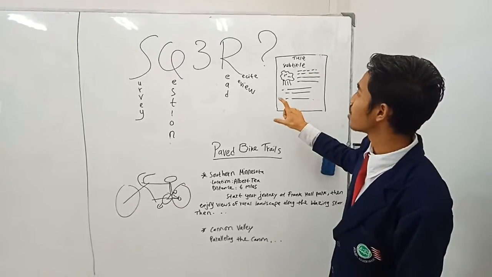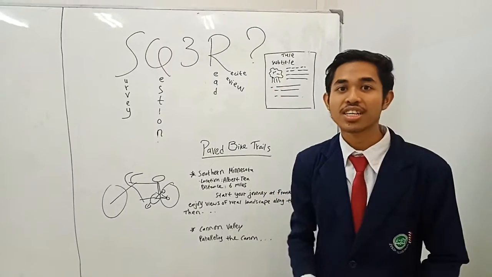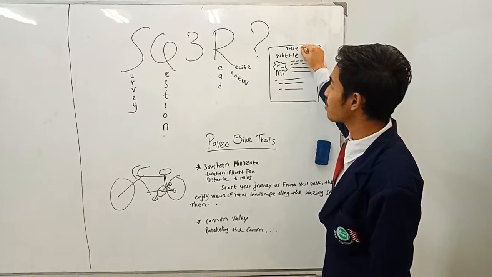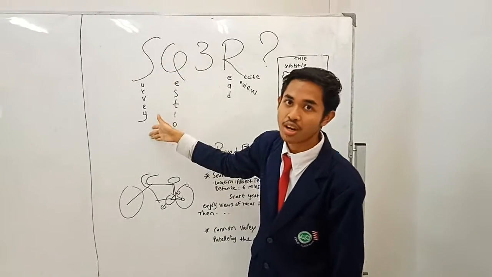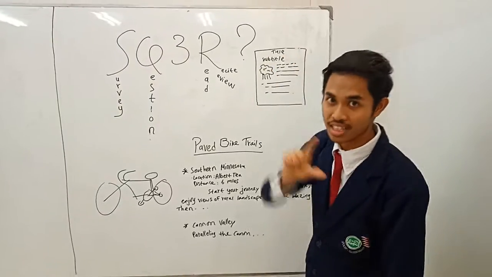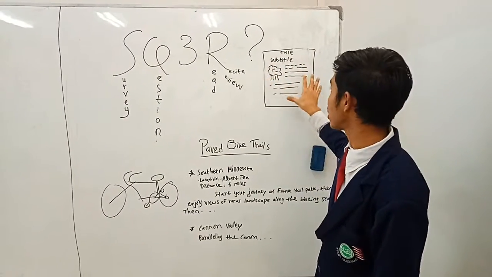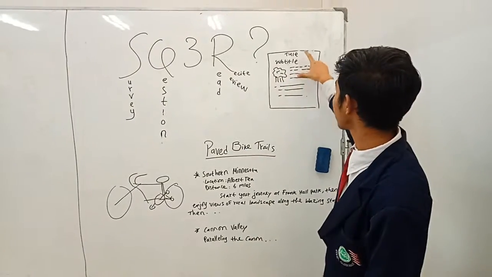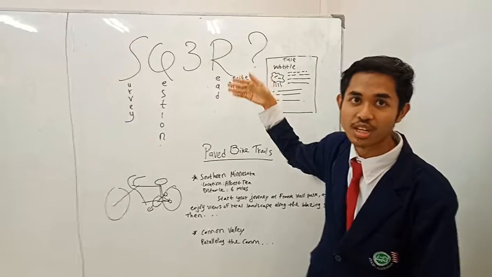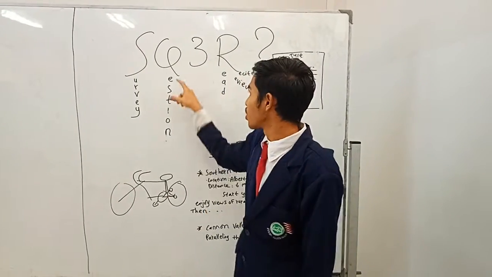Then we're going to look at an example. Before we go into doing SQ3R, we have to make sure that we have a text or a book like this. For the first, we have to scan or survey. We have to pay attention to the title, subtitle, picture, chart, or anything, and then skim or scan. Just let your eyes look at the text. And then the second one, we have to question.